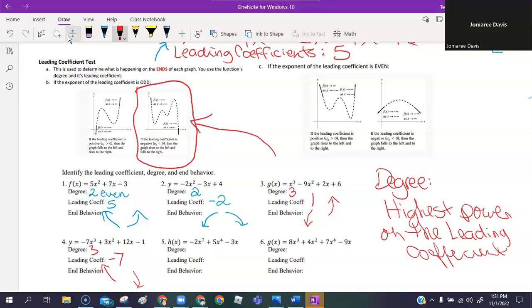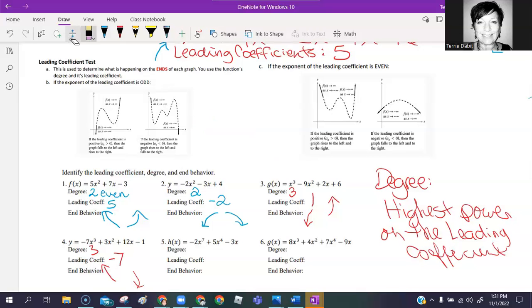Oh, who is this? This is Jamari. I'm ready. Let's head over to number 5. What is the degree? 7. That's it. Leading coefficient is? -2. Okay. Which side of the resource am I going to?